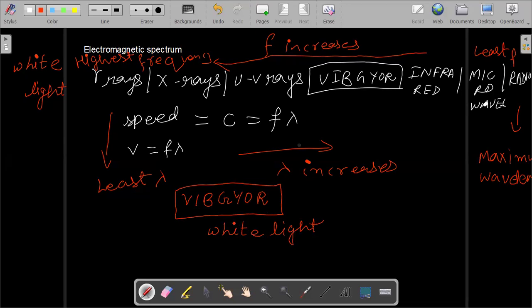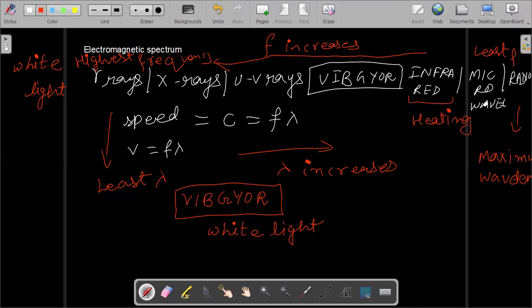Okay, so it is only these colors which are visible and which cause the sensation of vision. The other colors of light are not visible or do not cause any sensation of vision. The infrared radiations cause heating effect. The heat from the sun is carried to the earth in the form of the infrared radiations.